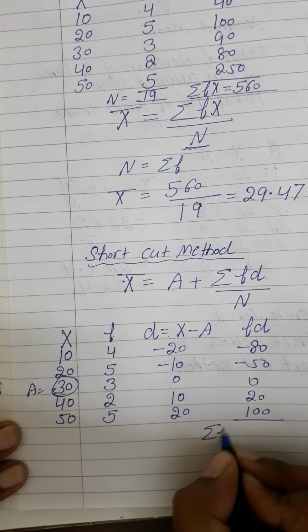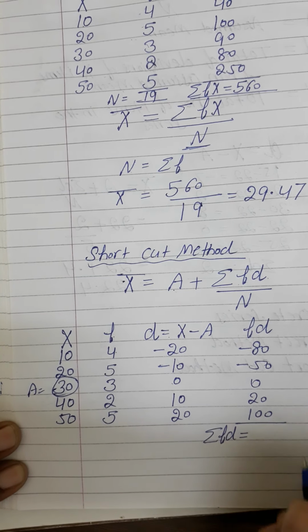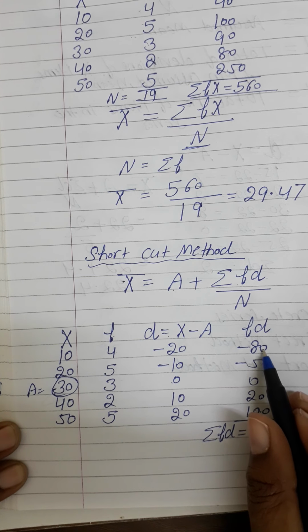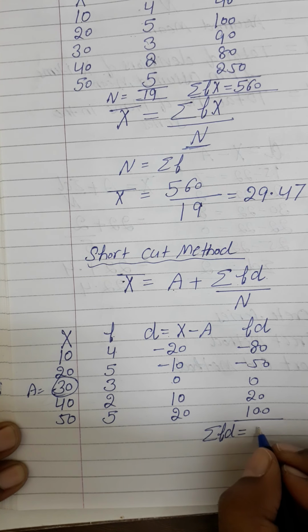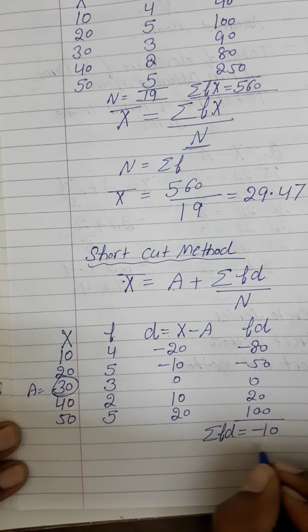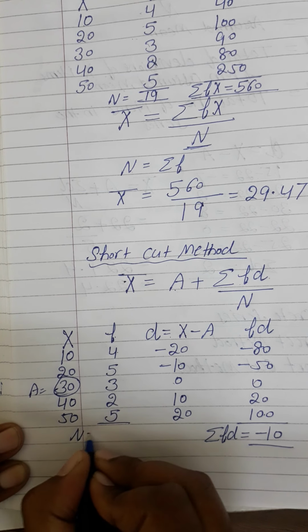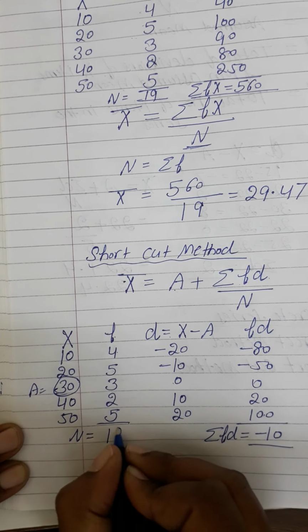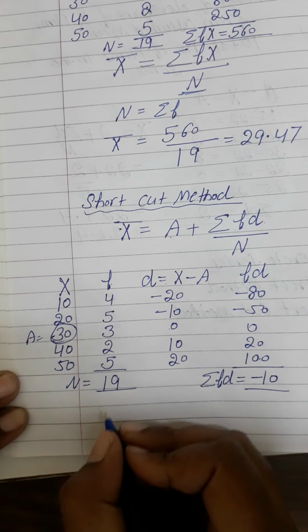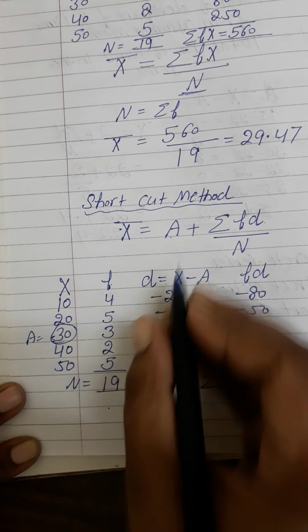Summation of fd is 120 minus 130. It means minus 10. And summation of frequency is equal to n, that will be 19. And the formula is given above.